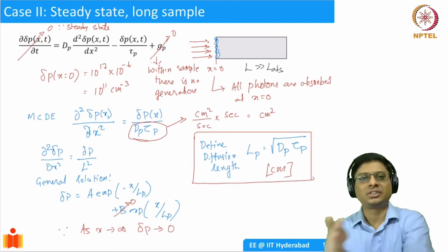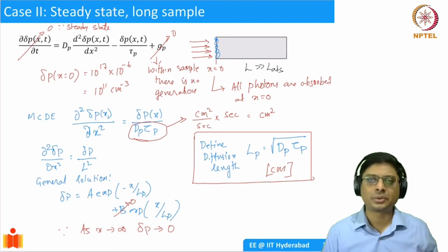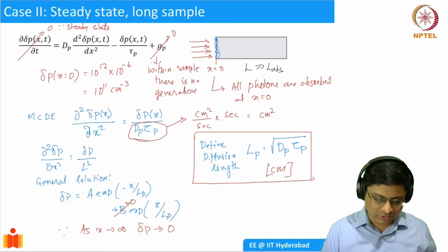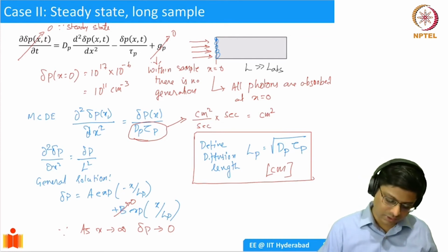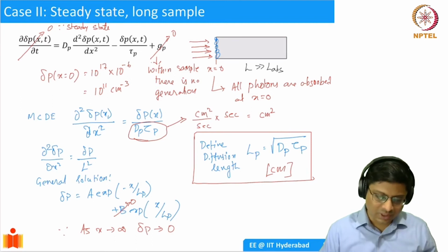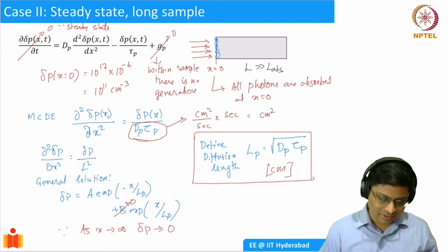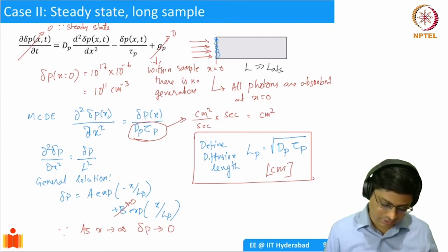As you go farther into the semiconductor, the carrier concentration has to drop. Because of that, B has to be 0. Therefore, the only term remaining is the A term, and we can find out how to solve for it.